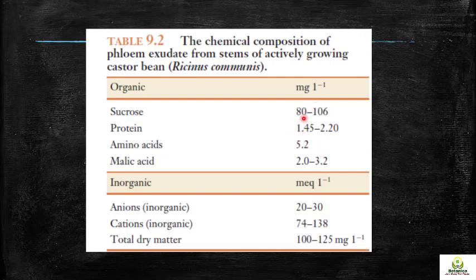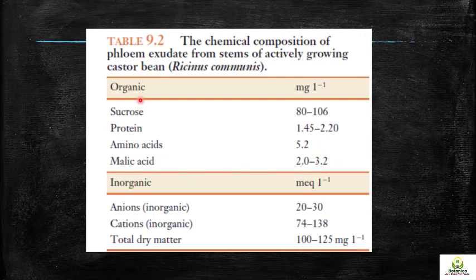As far as the proteins are concerned, they are 1.45 to 2.20. The amino acids are 5.2, and malic acid is 2 to 3.2.